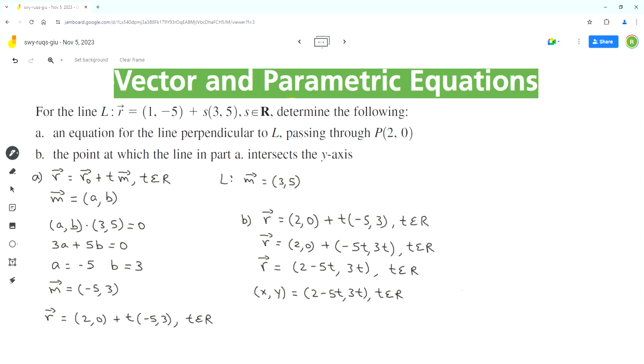These two vectors will be equal to each other if their x and y components are equal to each other. So we can use that to write the parametric equations.